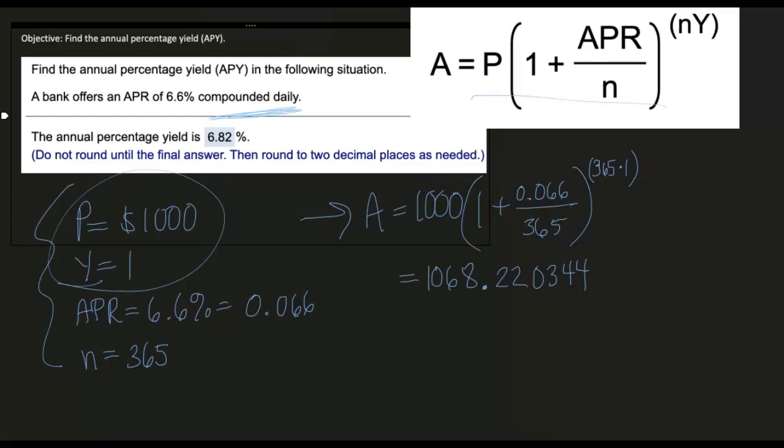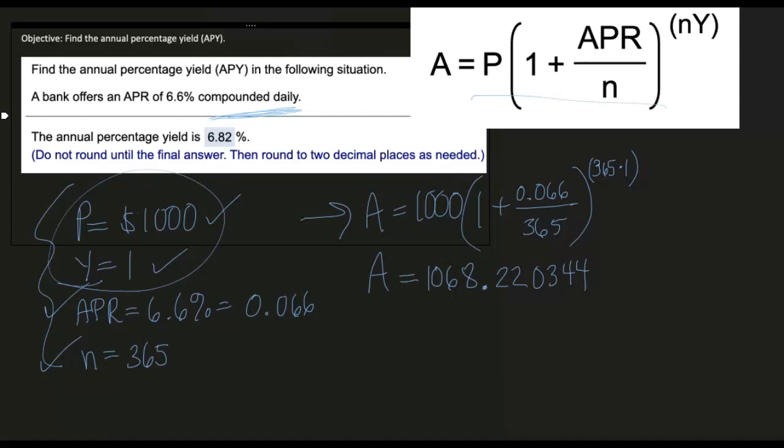So again, what we just calculated was the amount now in this account where we determined the principal and we determined the amount of time, but we were given the APR and we were given the number of compoundings. And this was after, again, 1 year.